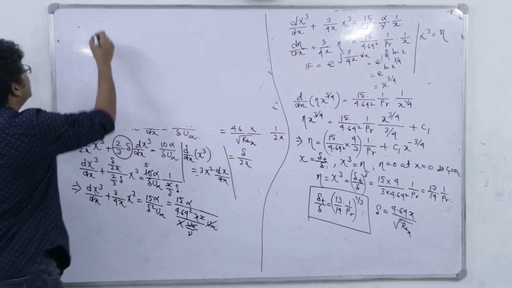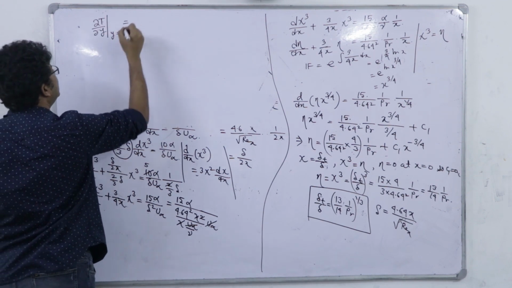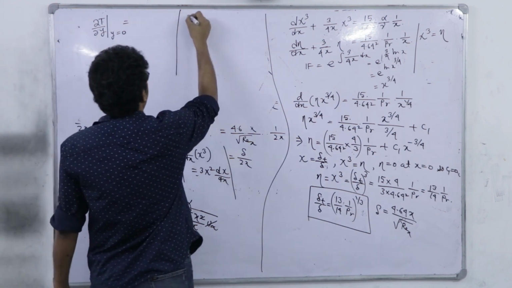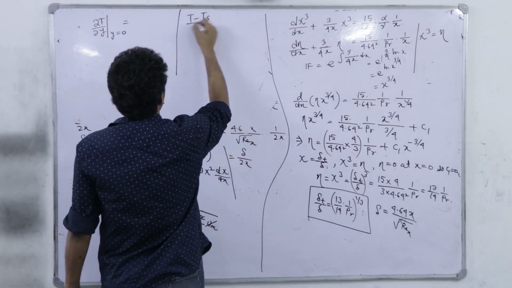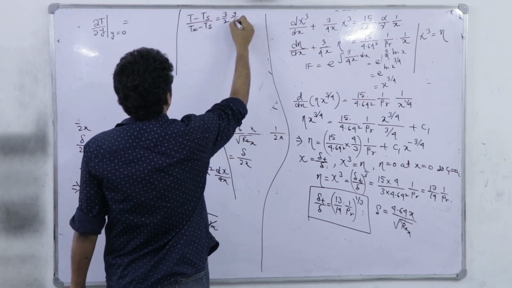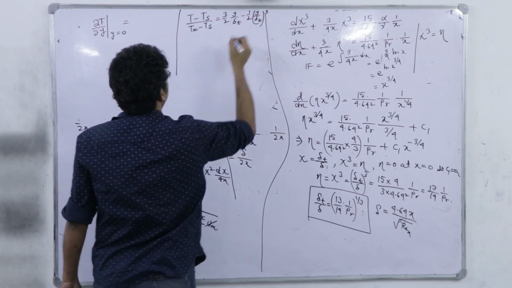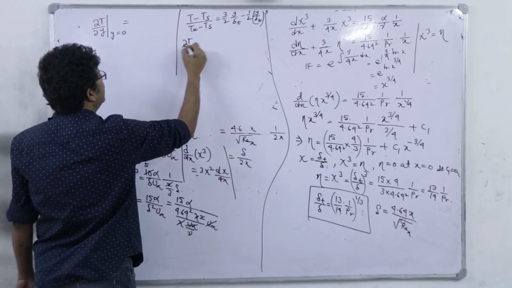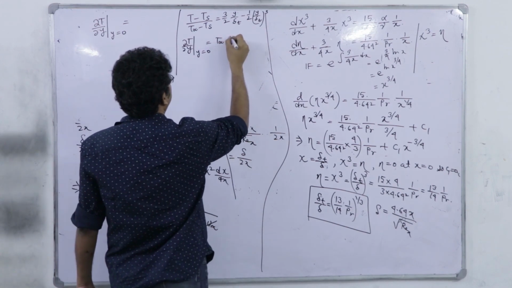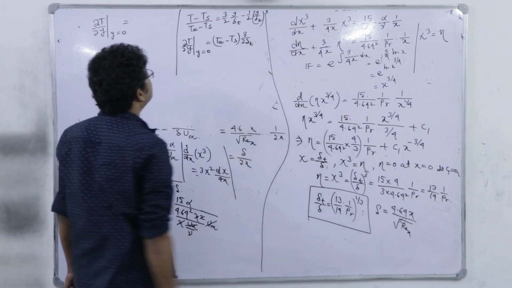del t del y at y is equal to 0 is basically what we have written here, t minus Ts divided by T infinity minus Ts is 3 by 2 y by delta t minus half y by delta t whole cube, right. So, del T del y at y is equal to 0 is T infinity minus Ts into 3 by 2 delta T. Right.